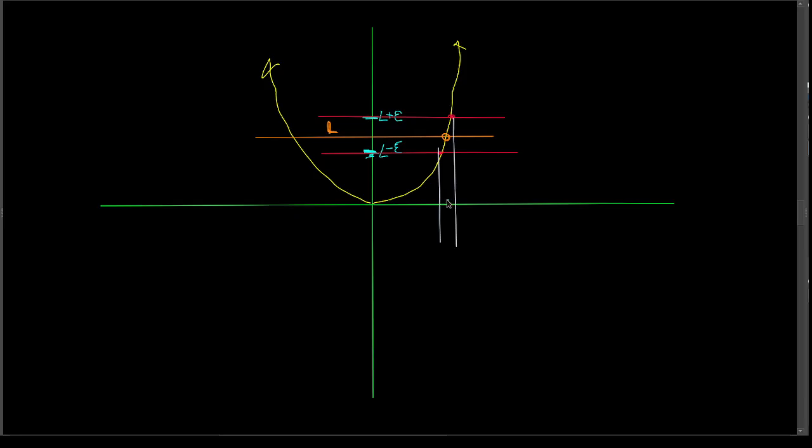I'm just going to say that was C down here. This ends up being the C plus delta, and this is the C minus delta. So they set boundaries, right? If I need to be within this distance to my output, then my input needs to be within this distance.